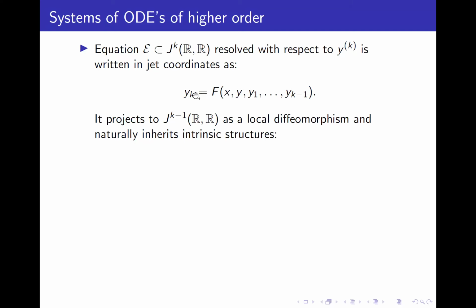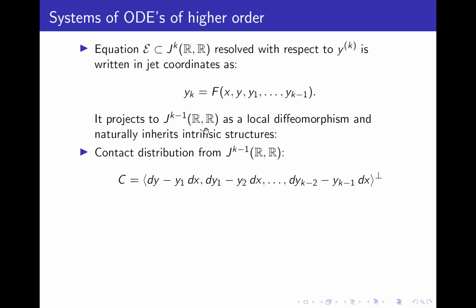But because I always treat equations which are resolved with respect to the highest derivative, yk, this means that essentially this equation is projected diffeomorphically onto the previous jet space. Therefore, it carries all intrinsic structures from this jet space.